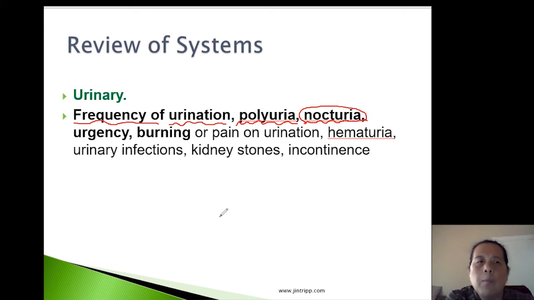For aged people, maybe just once, that belongs to normal. More than once is still abnormal. And if the patient urgently needs to go to urinate, that is still a trouble, like bladder infections, and the burning sensation or pain during urination, still mainly coming from urination tract or bladder infections, and even some blood in the urine.